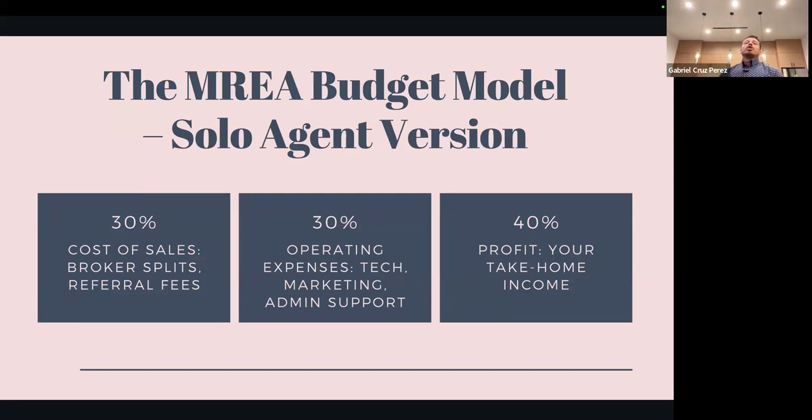We see this all the time where an agent just got started. They don't even have a cost of sale because they haven't done any sales yet, but that's going to be there. And they're operating at a 65, 60, 70% expense. So it's like a triage moment where we say, okay, stop everything.